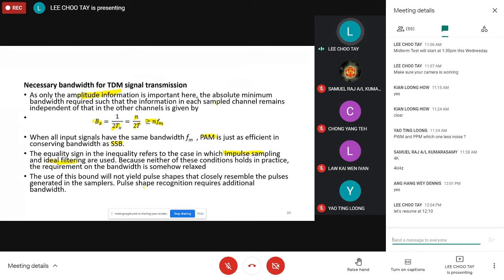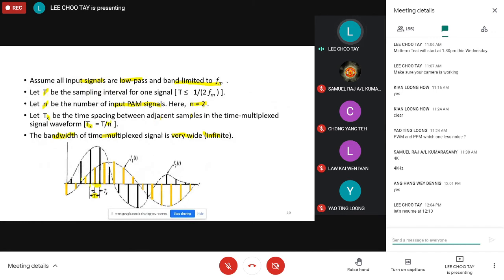Also, because we are using minimum bandwidth, you can expect the pulses that you send will never be ideal or rectangular in shape. The shape of your pulses will change according to the bandwidth that you transmit with.